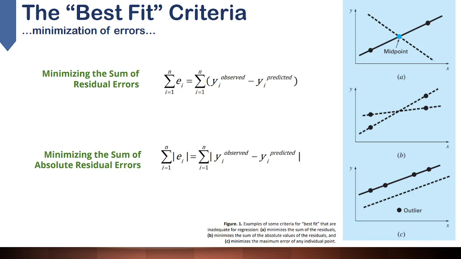It should be the equation in which you will have the minimal or the most minimum of error. So this will be all about the best fit criteria.